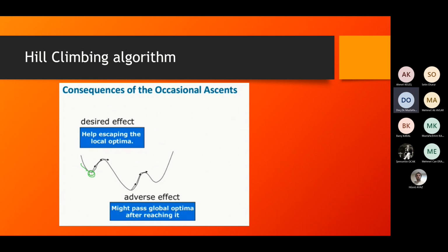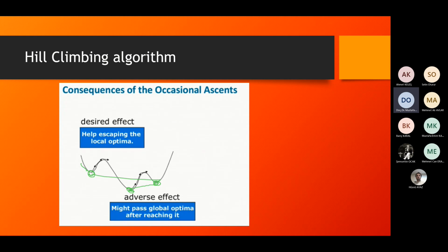Then randomly making a big move, maybe here, and go and find the minimum point and start exploring. Then make a sudden move and come up here and follow down, and you will end up with the global point.